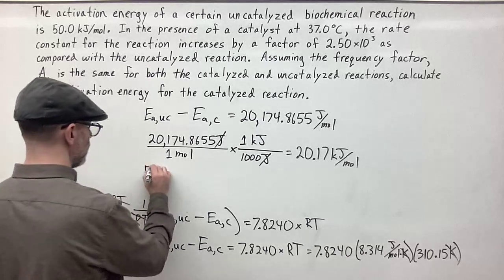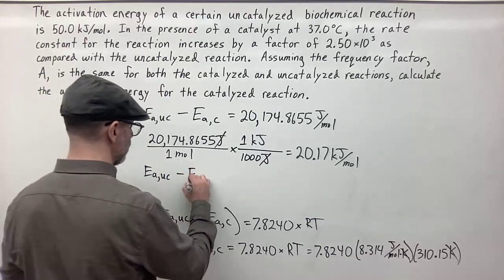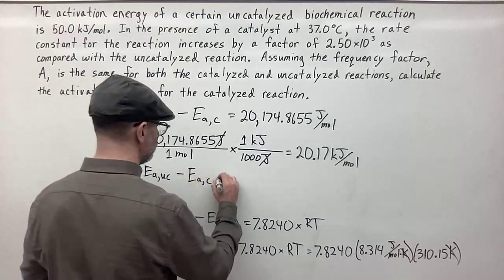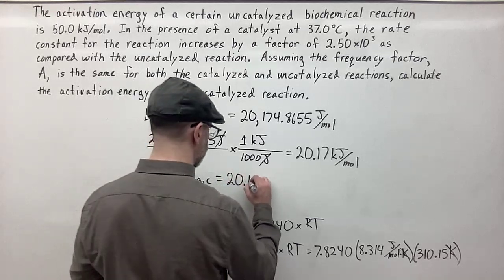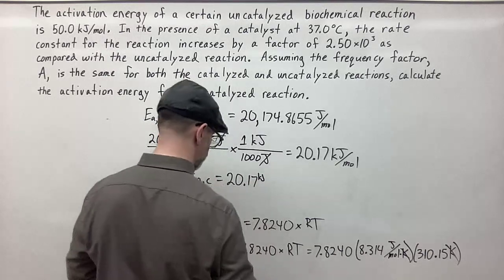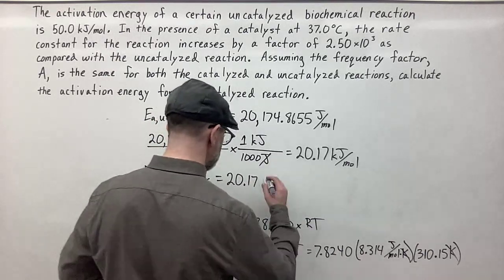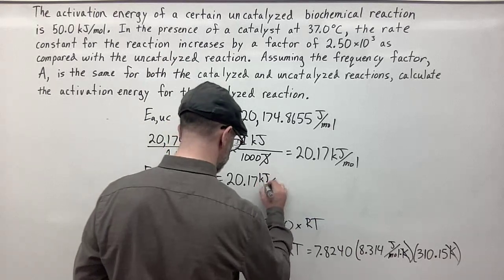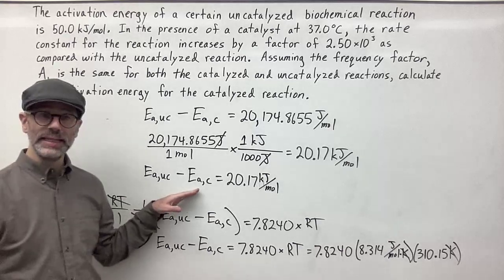Now I can rewrite this. So I have the activation energy of the uncatalyzed minus the activation energy of the catalyzed reaction is equal to 20.17 kilojoules per mole. Now I can plug in the other information.